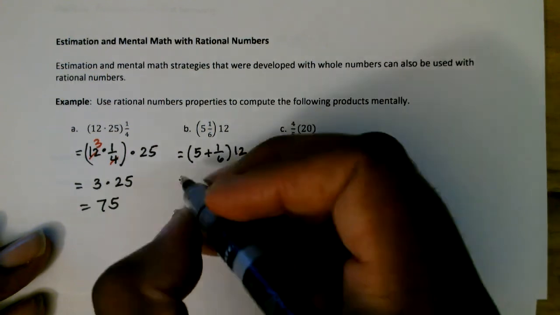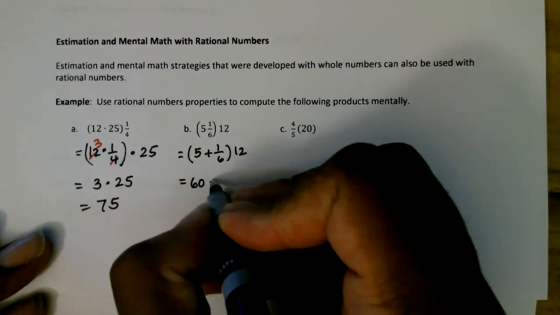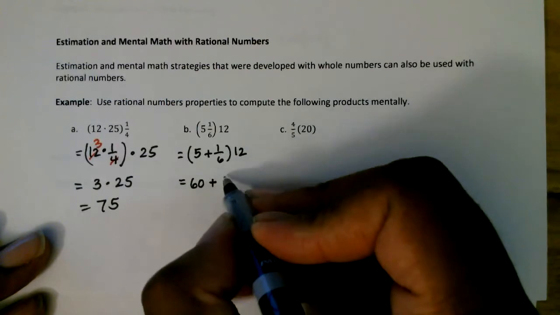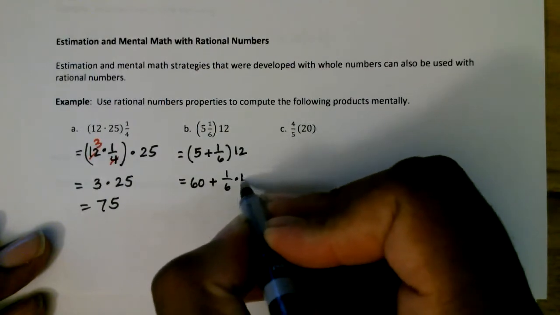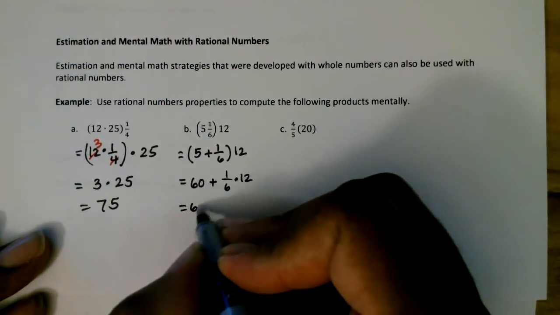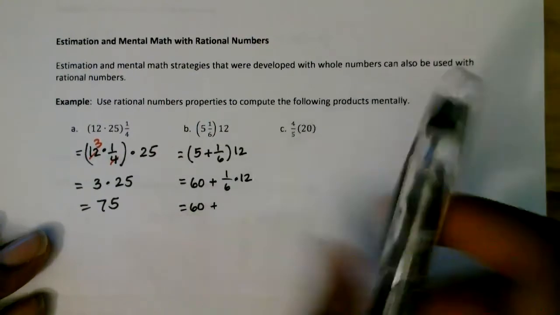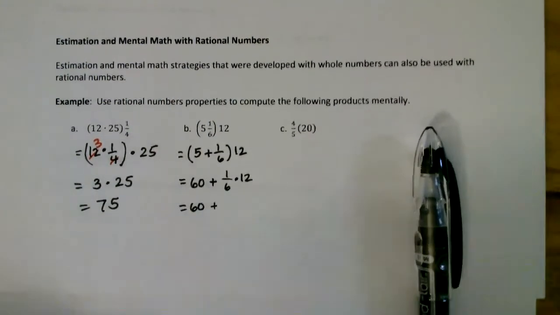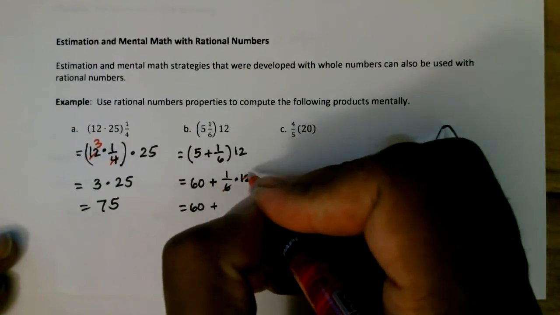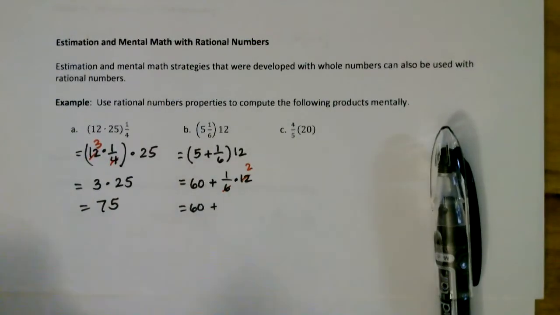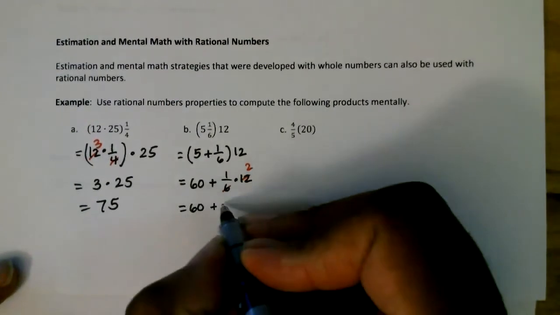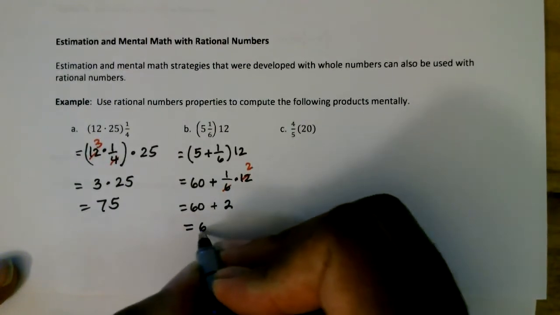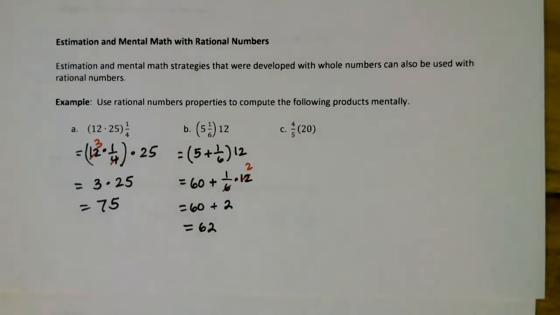So 12 times 5 will be 60. And then 1/6 of 12. If I divide 6 into 12, that will go 2 times. And then 2 times 1 will just be 2. 60 plus 2 is 62.